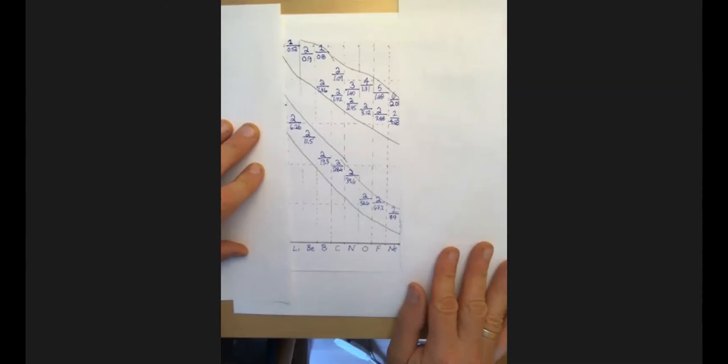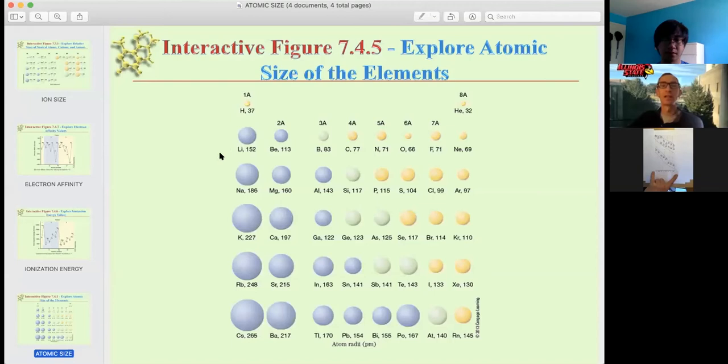From lithium to neon, it looks like the electrons are getting closer, so the atom size should be getting smaller. Lithium all the way over to neon, they get smaller, just as the photoelectron spectroscopy data shows.